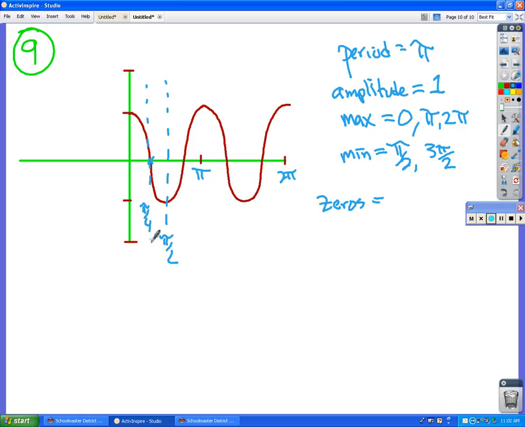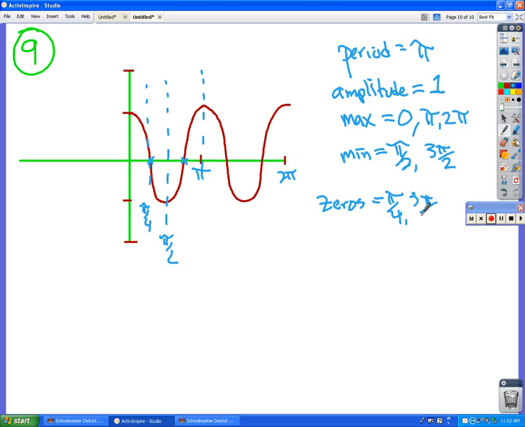Now this 0 is halfway between pi over 2 and pi. It's just like fractions. This is a half pi, that's a whole pi, so right in between the half and a whole is 3/4. So that's 3 pi over 4.